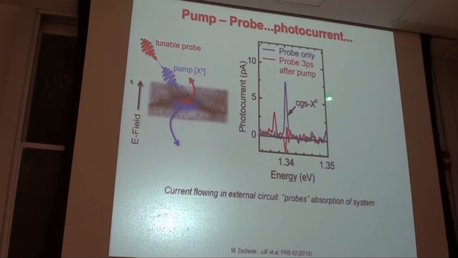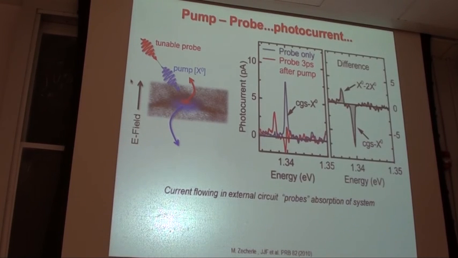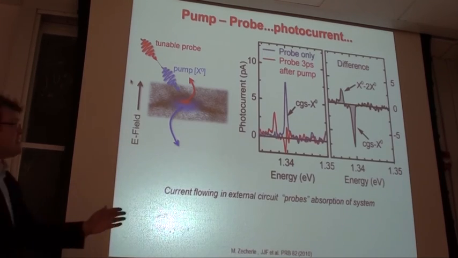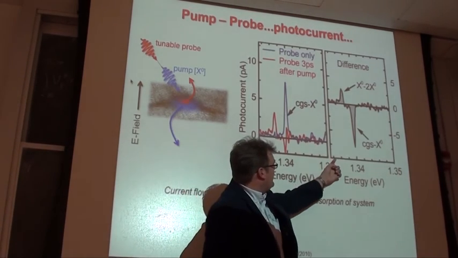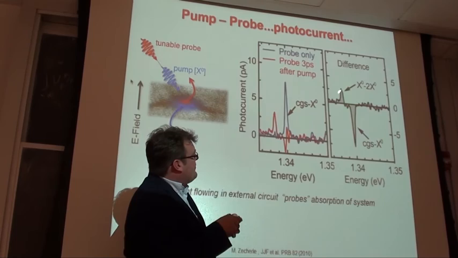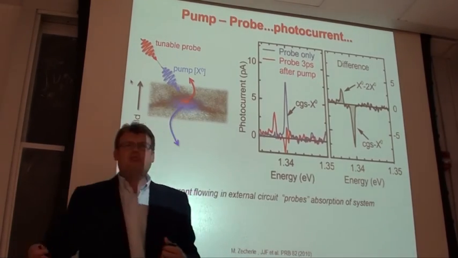I'm going to be plotting a lot of these pump-probe spectra, and rather than always showing you a blue and a red curve, I'm going to be plotting the difference, red minus blue, which gives me a spectrum which looks something like this. And this is important because if we see a positive going signal, that's induced absorption.